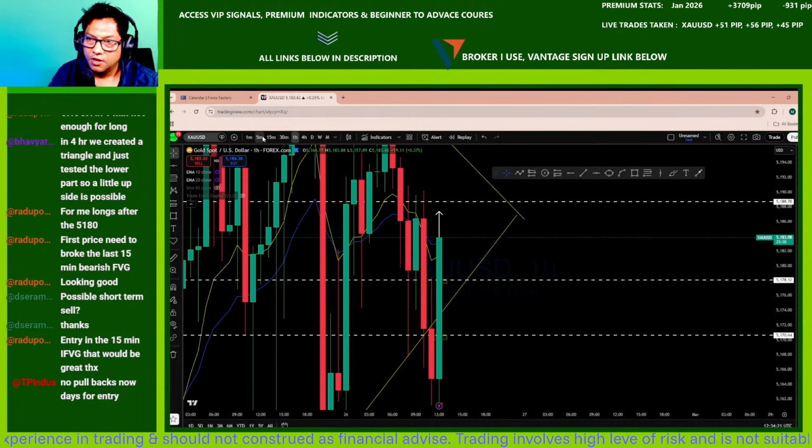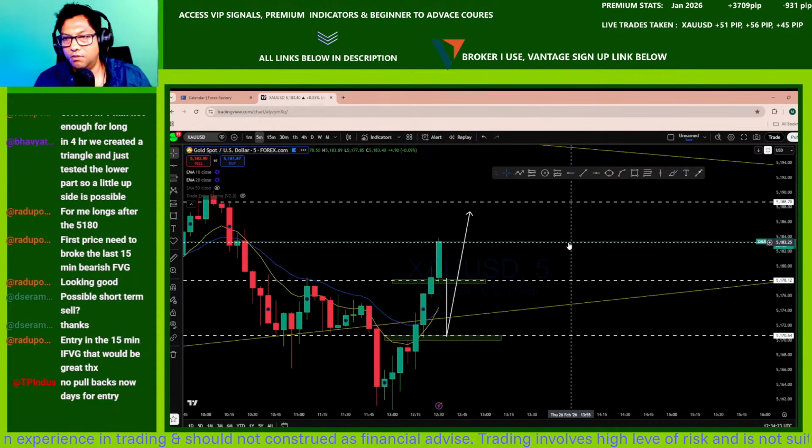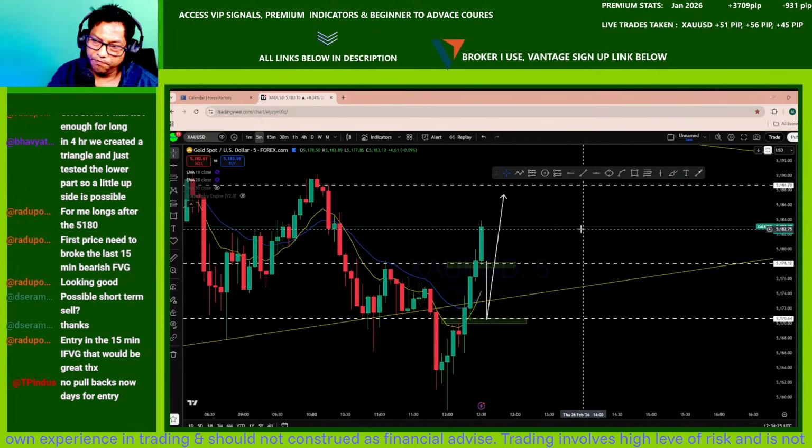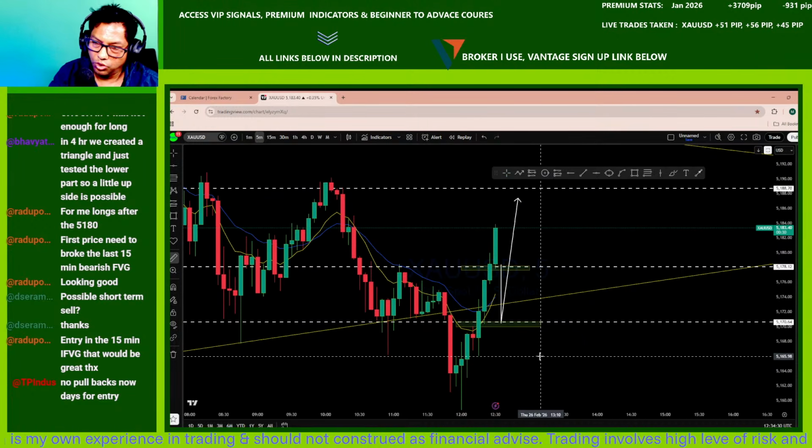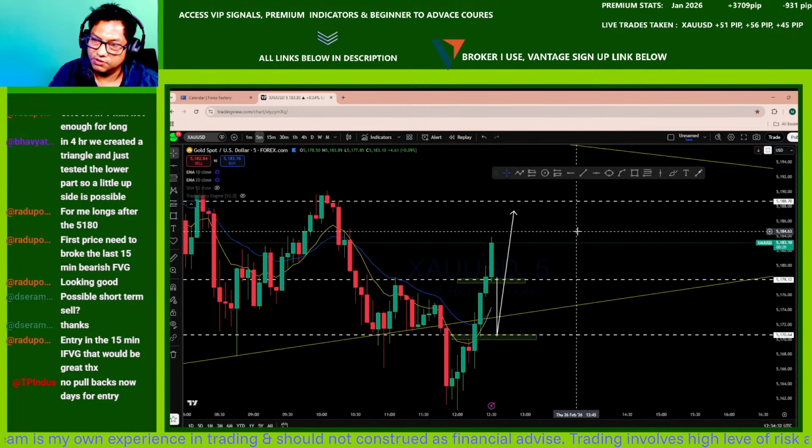Yes, this is a big move that happened from this level. You are looking at this 172 pip move.